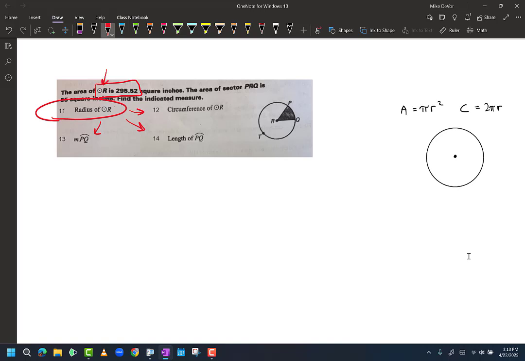That's the circle R, okay? So we're saying the area, we're going to use this formula, pi r squared, the area. So we know the area, 295.52 equals pi r squared. Remember, pi is just a number, so don't make it a big deal.